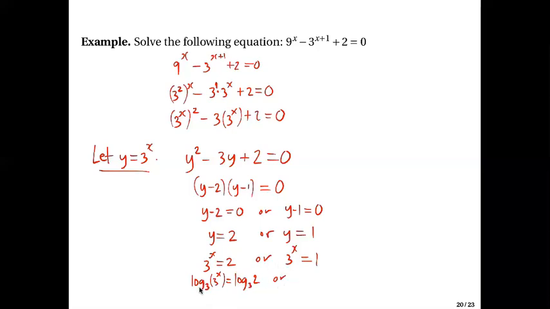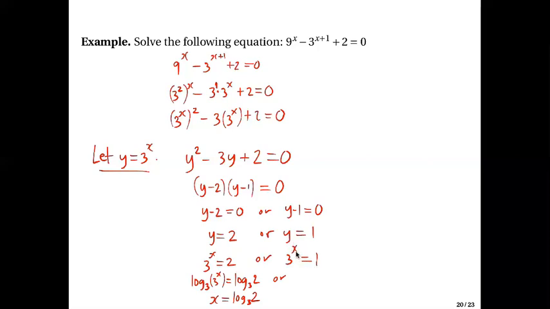Let me continue this part first. This x will go down, and log base 3 of 3 is just equal to 1. So this means that x equals log base 3 of 2. And then for the other part, you have 3 to the x equals 1.